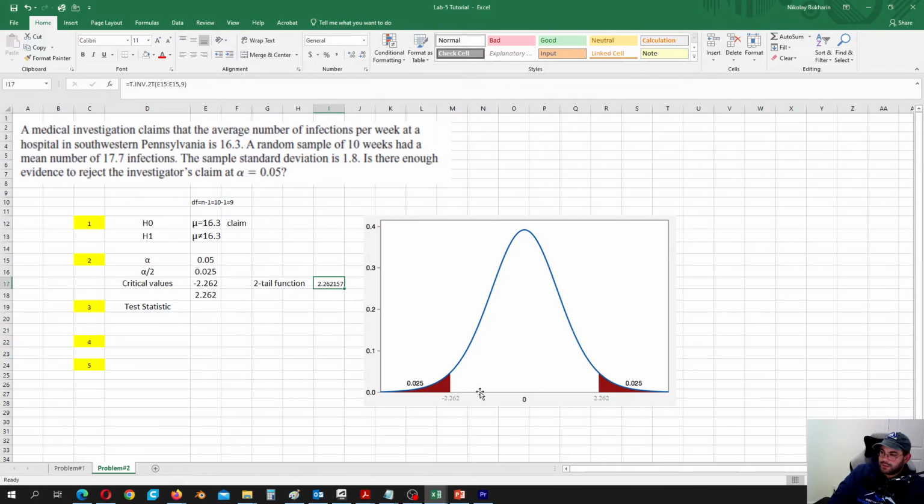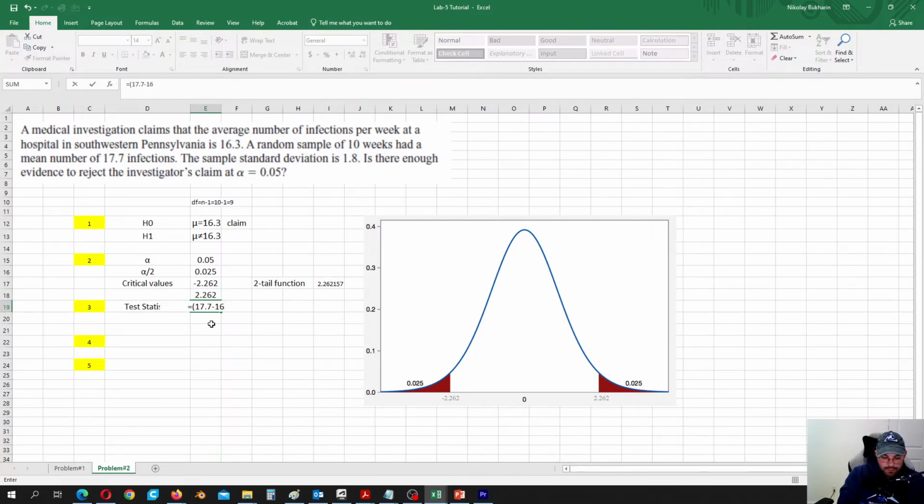One is cutting the left tail, another one is cutting the right tail, and then we calculate the test statistic. The sample mean is 17.7. It's the same as the z value, but instead of the standard deviation of the population, we are taking the standard deviation of the sample.